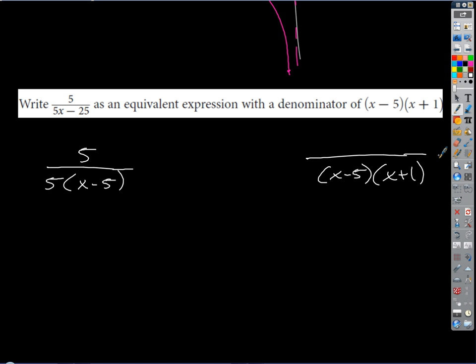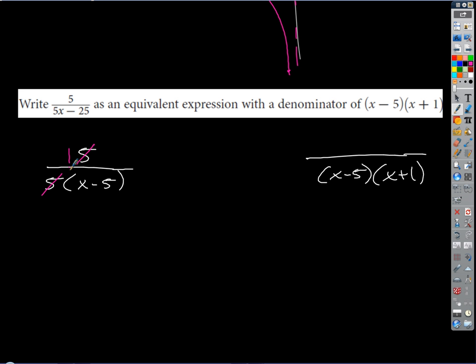Do I have a 5 in the bottom of this one? So what could I do right away probably? Yeah, I could cancel the 5s, couldn't I? They're like factors. So I could do that, leaving me a 1 on top. Now what though?